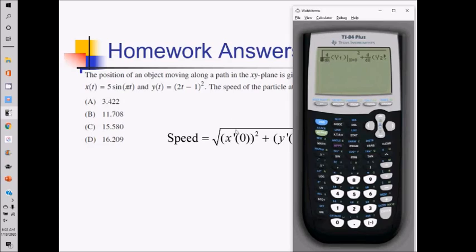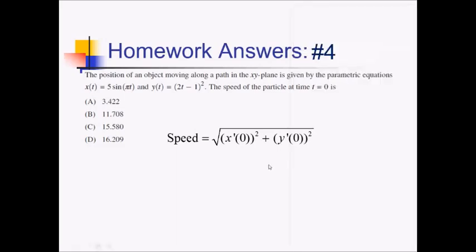And x prime, I stored that as y1, so I did alpha trace y1 to get that. Evaluate that at x equals 0, and then you have to remember to stick a little square after all of that stuff. And then I did pretty much the same thing for y prime, where I stored that as y2. Again, I've got x equals 0, I've got squaring going on, so press enter on all of this stuff, and if you've done it correctly, it should come out to 16.209. So that's going to be choice D.